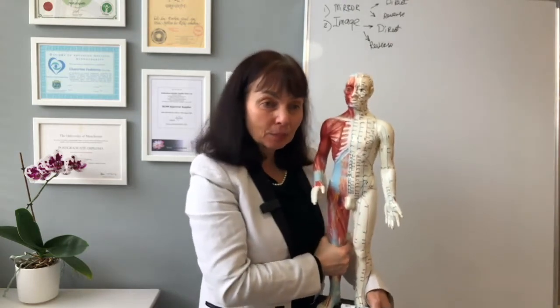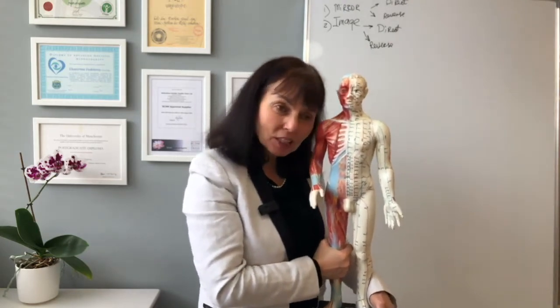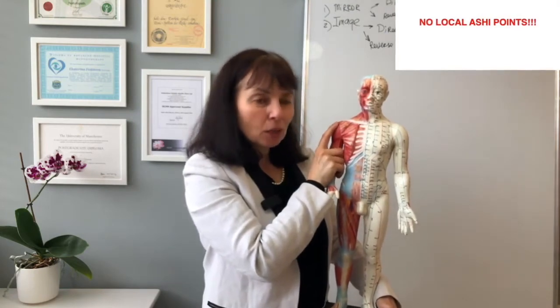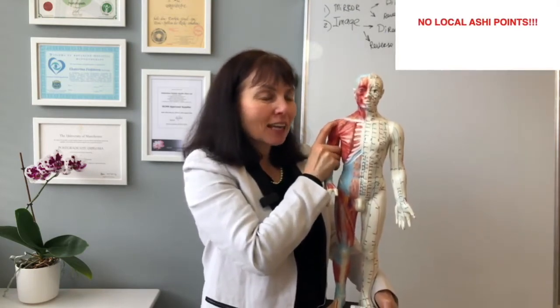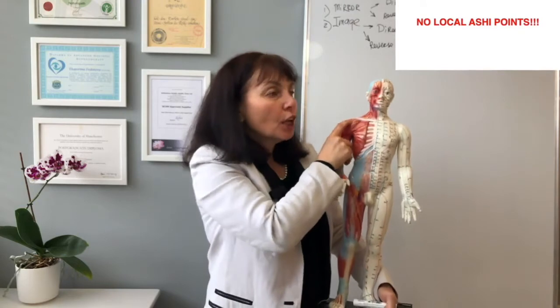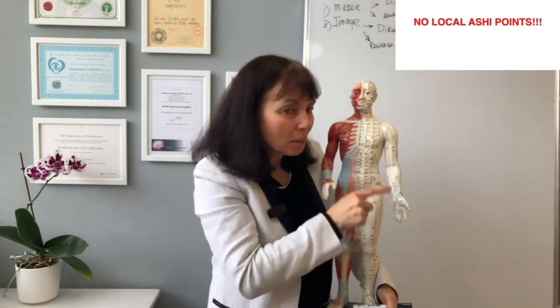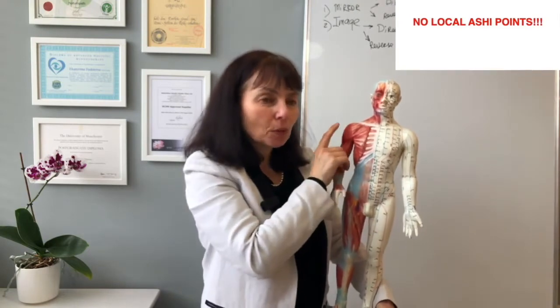When we say acupoints, in the balance method, acupoints are never the points in the painful area. So if the shoulder is painful and we say acupoints, it's not acupoints on the shoulder. It's always acupoints on the corresponding limb or corresponding area.